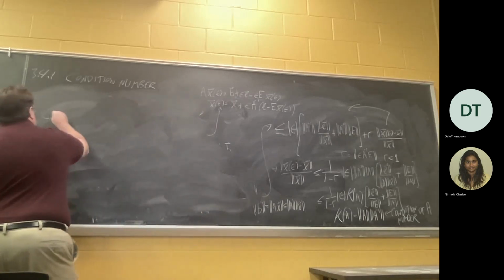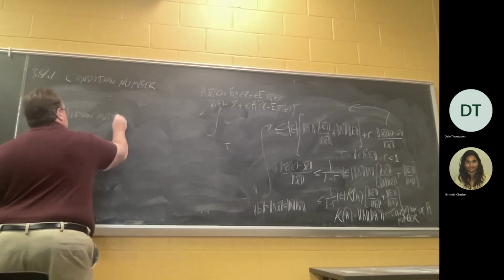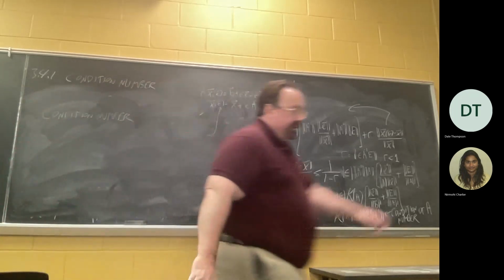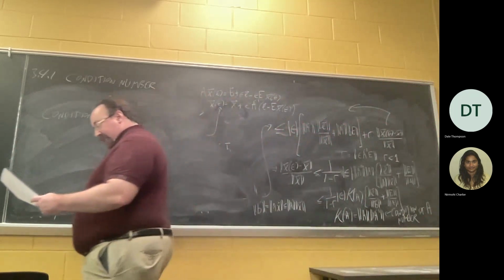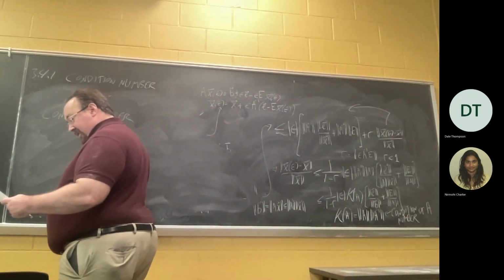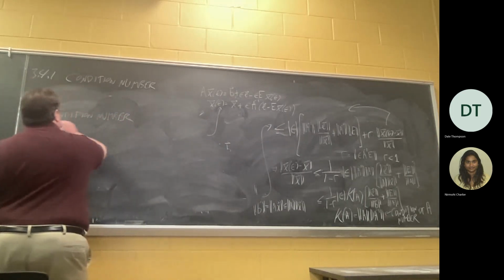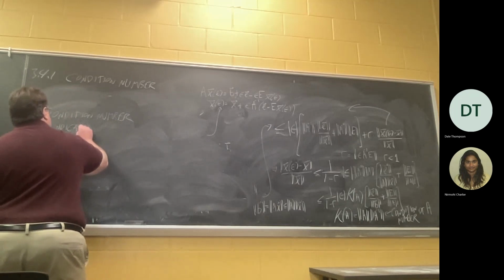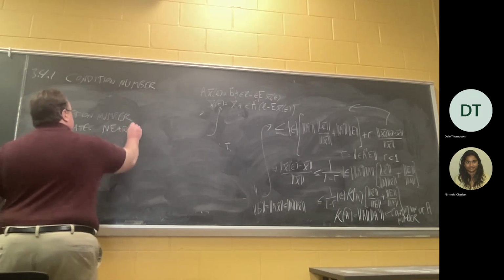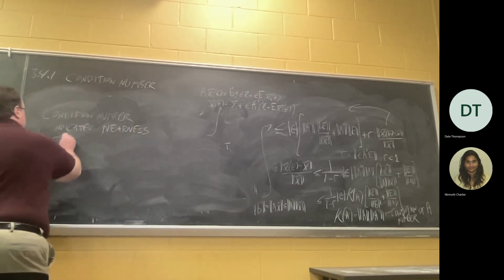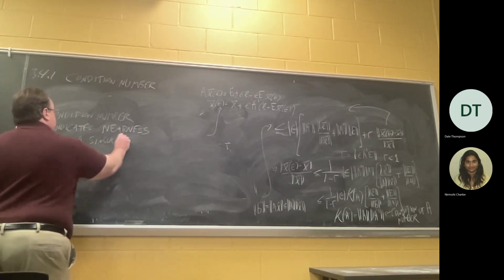So you can think of the condition number, and I want to make sure this is stated reasonably precisely, as indicating nearness to a singular matrix.